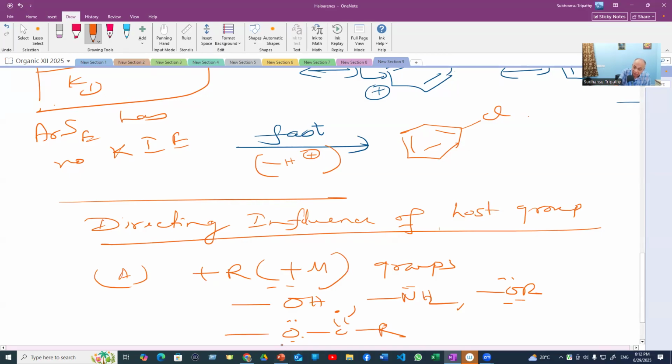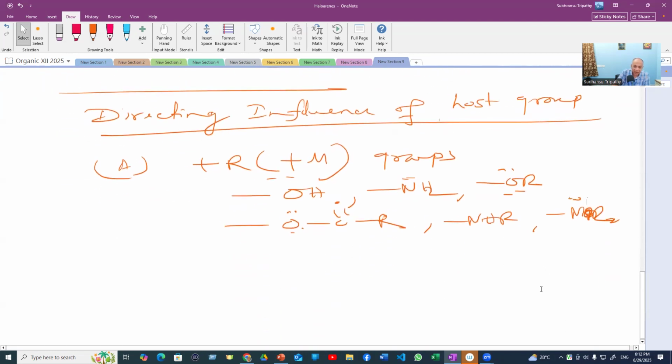O is directly attached to the benzene ring, or NHR, or NR2. All these, NH2, NHR or NR2. These are electron donating groups with plus resonance effect, right? So such groups are OP directors.